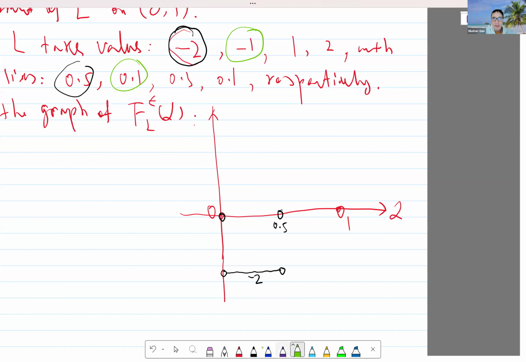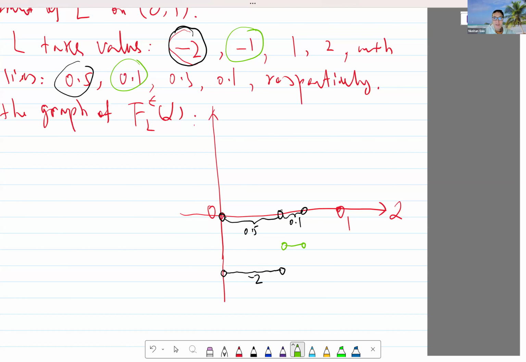So you choose an interval of length 0.1, and the value it takes is -1.